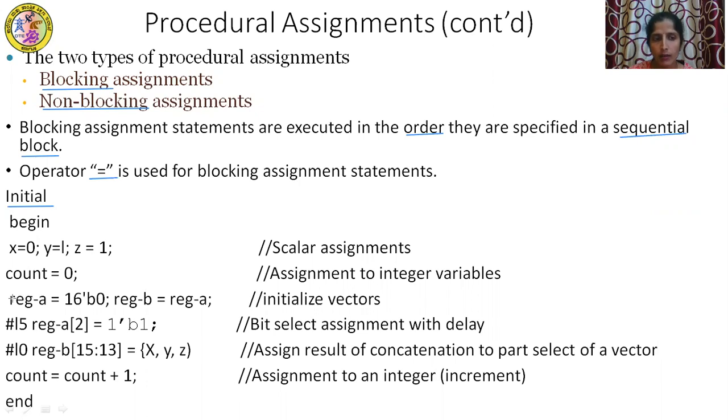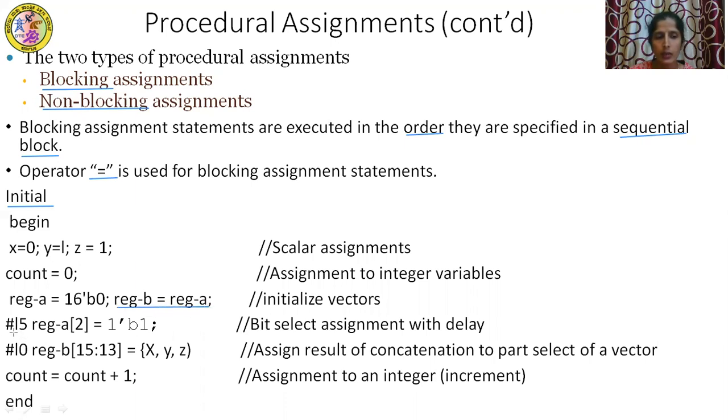Here we have also initialized count = 0. Count is the variable name which is initialized to 0. The next statement we have is register A is assigned a 16-bit binary 0, and register B is assigned the content in register A.